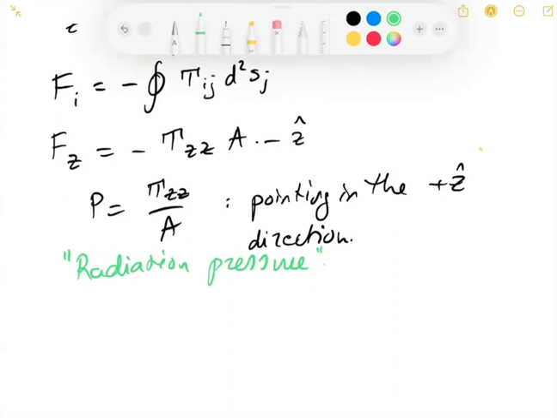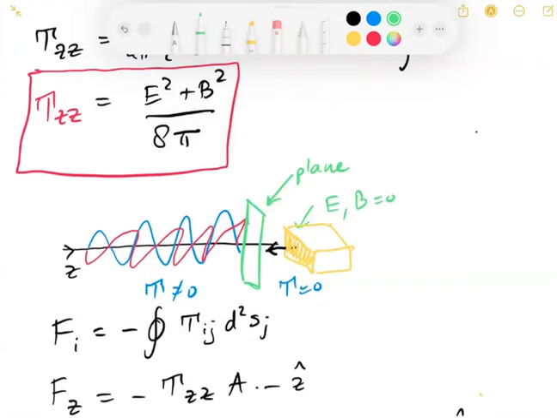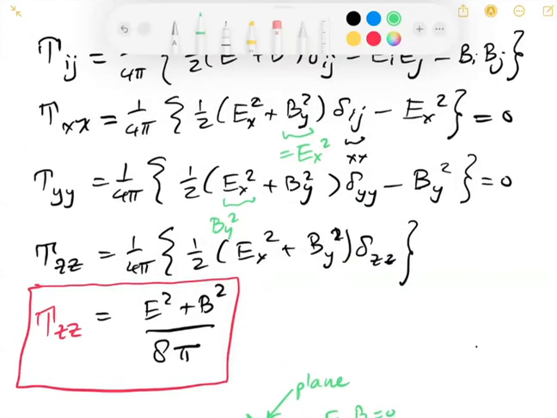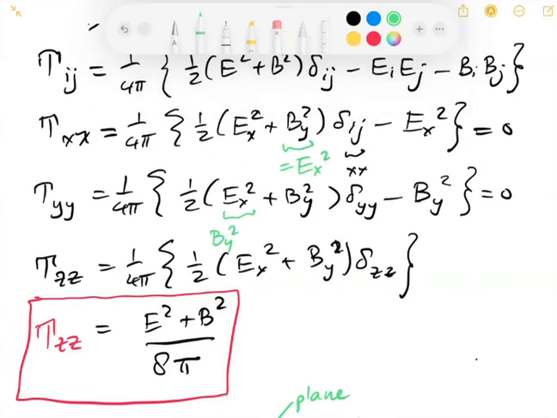Now, I want you to look very carefully at this expression here, the way we got this stress tensor. Notice that if this were a wave that would be traveling not in the plus Z direction, would be traveling in the minus Z direction, the E and the B field might have a different relation, right?